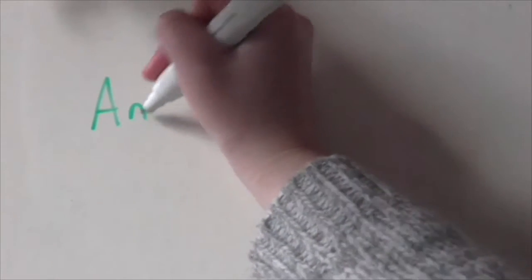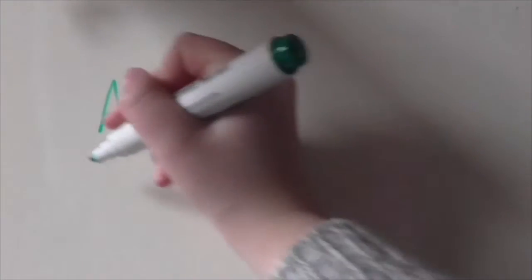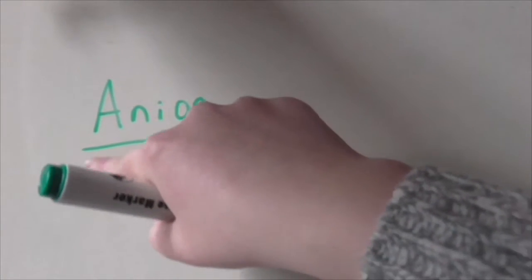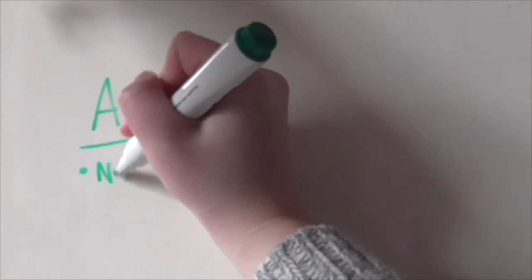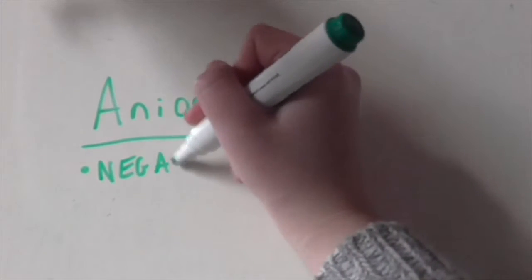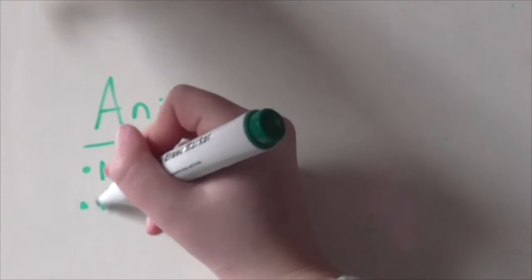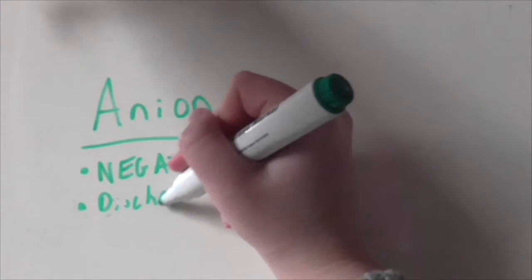The next thing you need to know is about the two types of ions. The first one we're going to look at, alphabetical order, is anions. Anions, contrary to what you'd think because of the electrodes, are actually negative ions, they're the opposite. And I would say that the reason they're called the anion is because anions discharge at the anode.